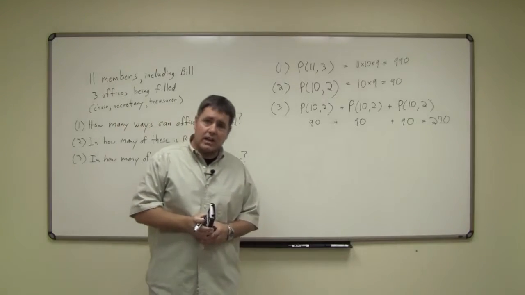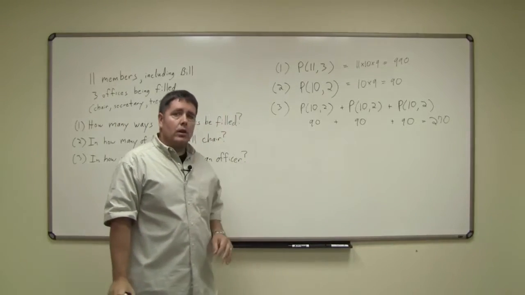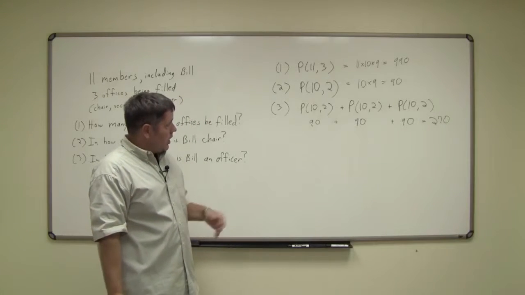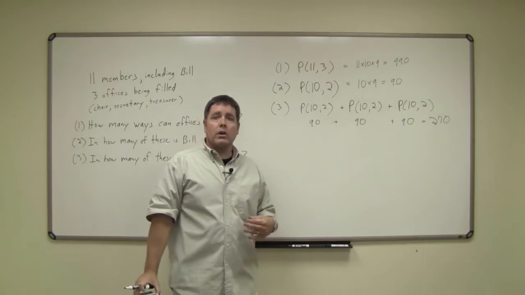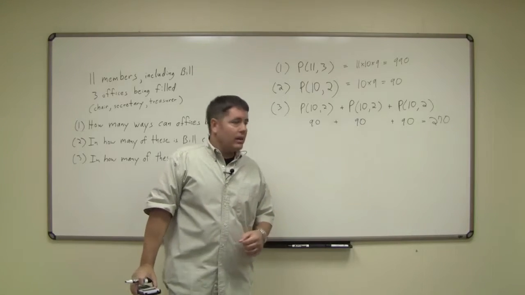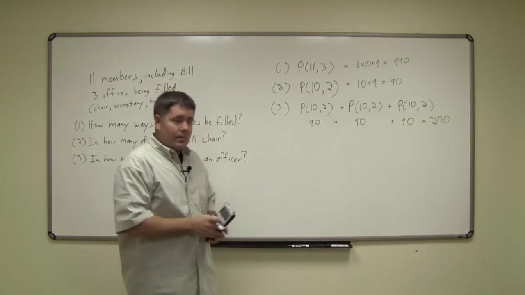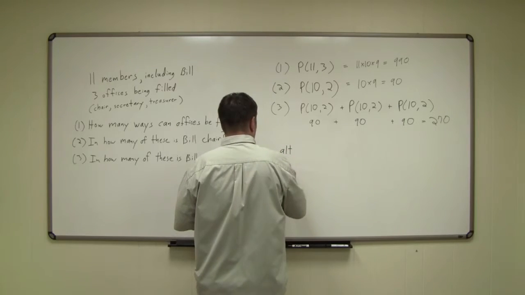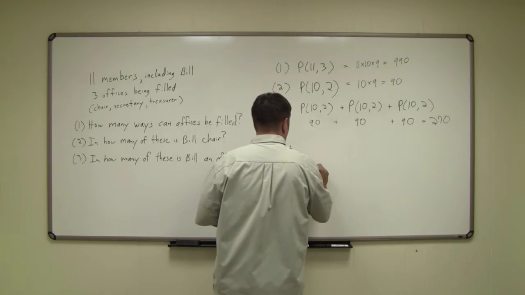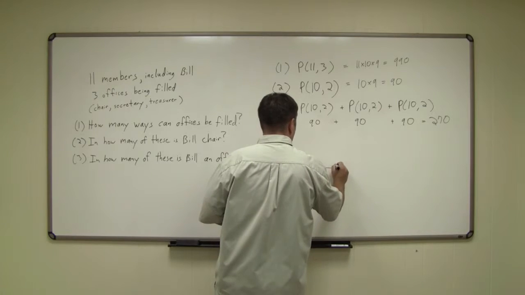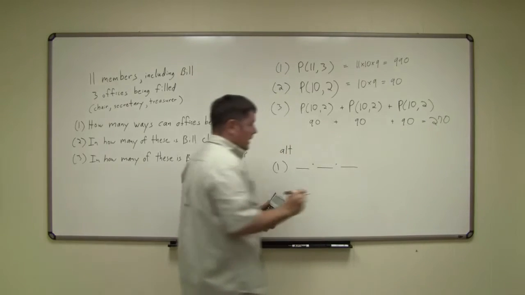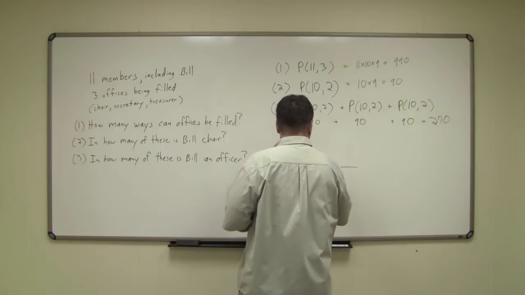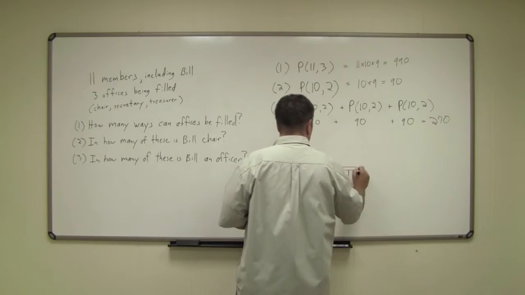I do want to take a second to talk about a second way you could look at this. We have this idea of the multiplication principle, which we talk about using in situations where you want to choose one item at a time. An alternative way to do this would be to put out our 3 offices and label these: chair, secretary, treasurer.